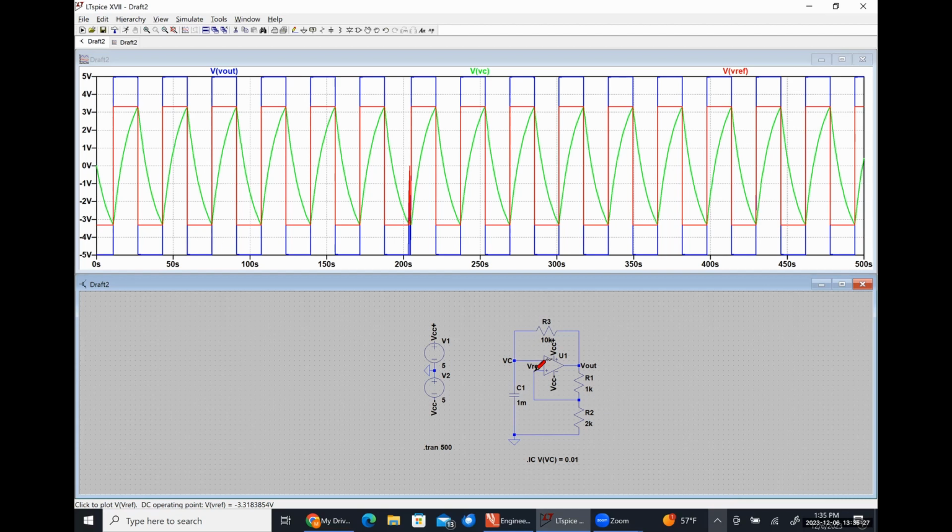Okay. One over R overall is the reciprocal of one over R1 plus one over R2, which is two resistors, right?